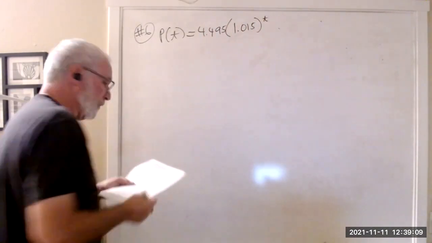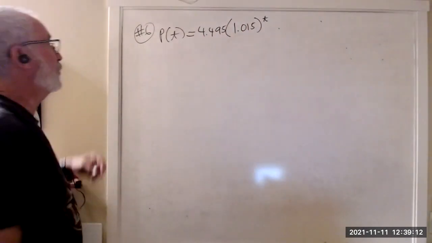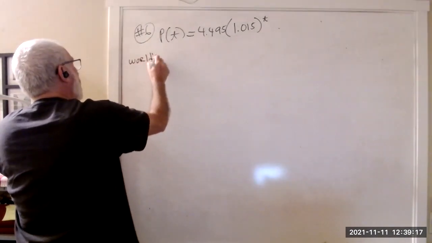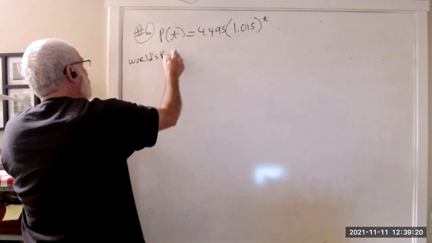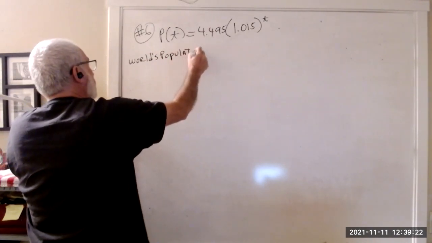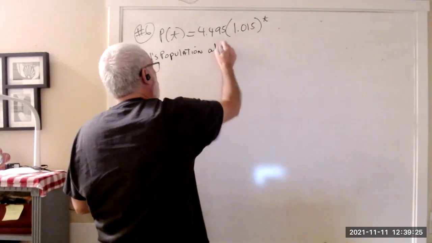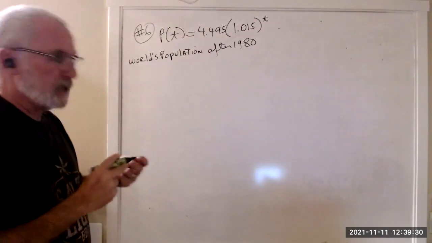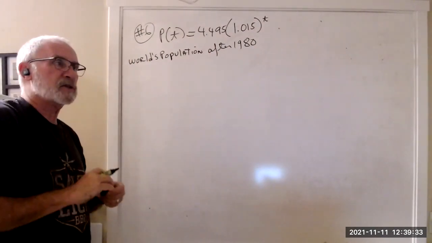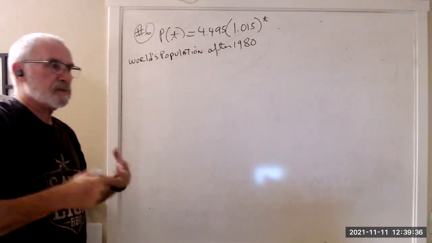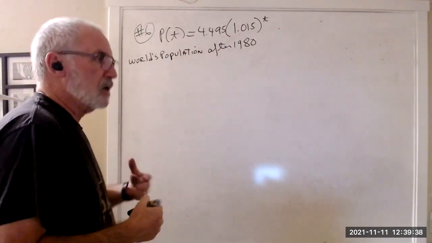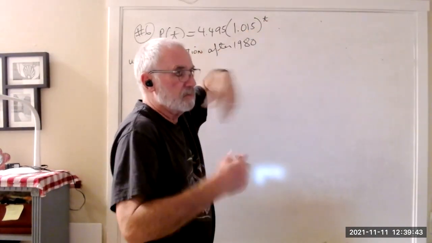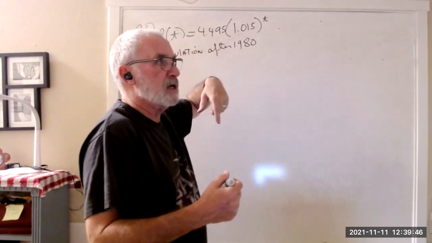Hard to see that little t power. And this stands for the world's population after 1980. In 1980, the data the scientists used was based upon data from 1980. So t starts at 1980, or this formula starts at 1980.